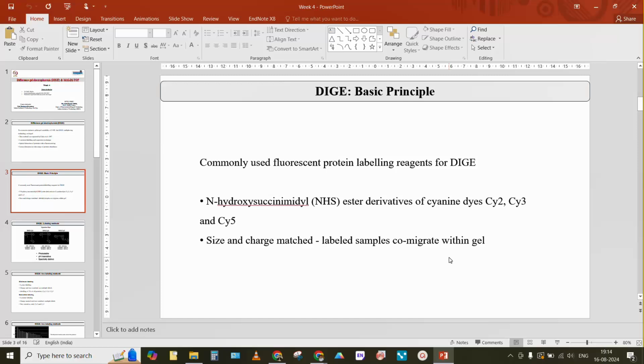Cy3 and Cy5 are used to label your control and your treatments. One should always try dye swapping so that there is no dye bias. If in one sample you add Cy3 to control and Cy5 to treatment, in the other sample you should do vice versa. Cy2 remains consistent for the internal standard. For Cy3 and Cy5, the size and charge of the dyes are matched so that the labeled samples can co-migrate within the gel.